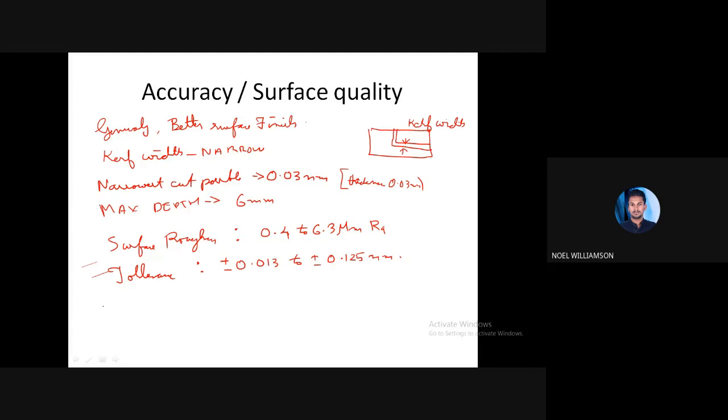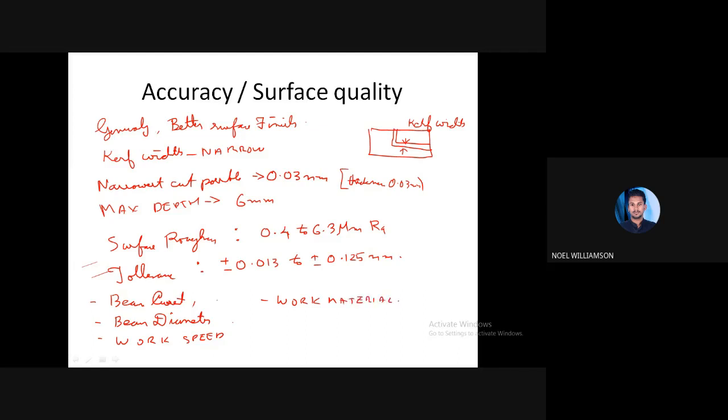The main parameters are, first, beam current, then beam diameter, then work speed, and also the work material or the material of the workpiece.